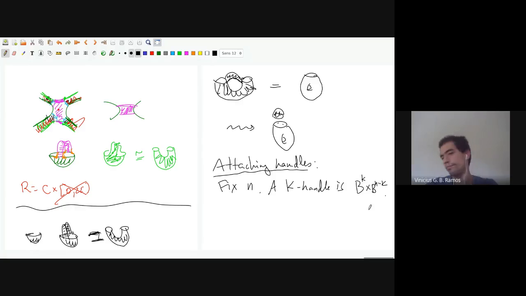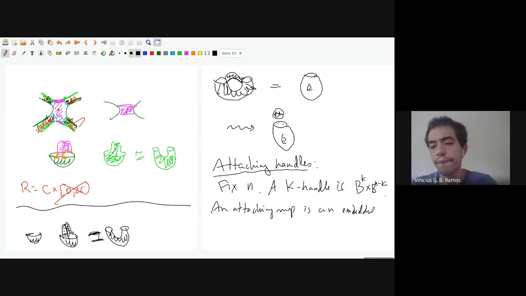So actually this is homeomorphic to B^n, so in terms of homeomorphisms, it doesn't really change very much, but the point is the attaching map. An attaching map is an embedding that goes from S^(k-1) times B^(n-k) to, say, X_(a-ε).